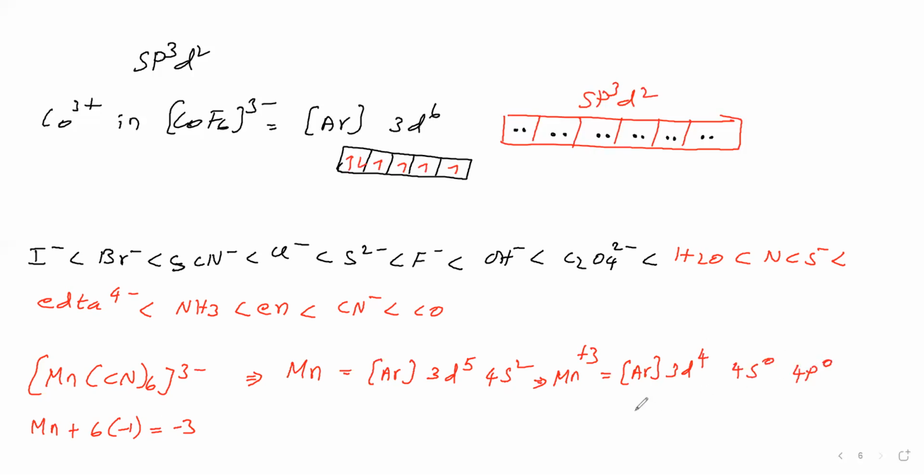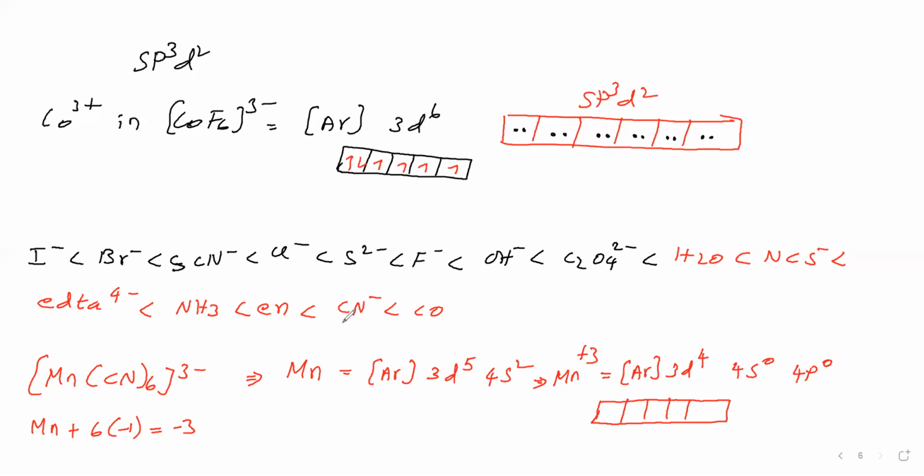Now 3d contains 5 orbitals. How to fill 3d, that we will see. 4 electrons are present in the 3d; how to fill them, we will see. For this we will see the ligand. The ligand is cyanide.